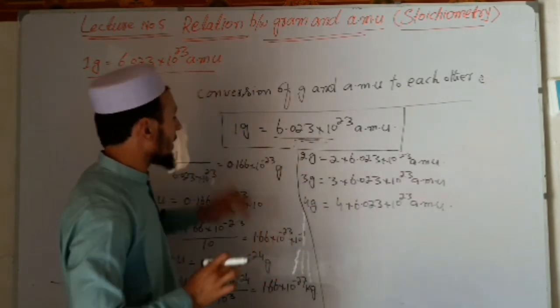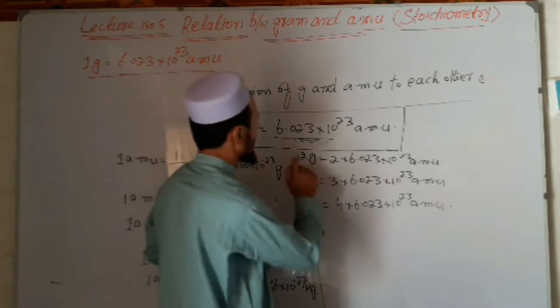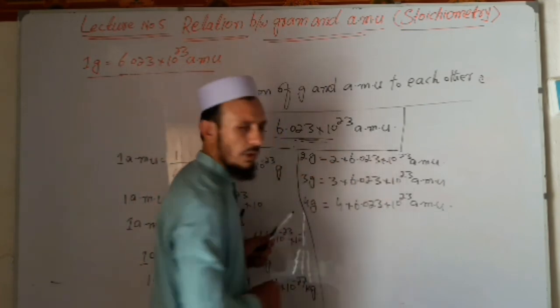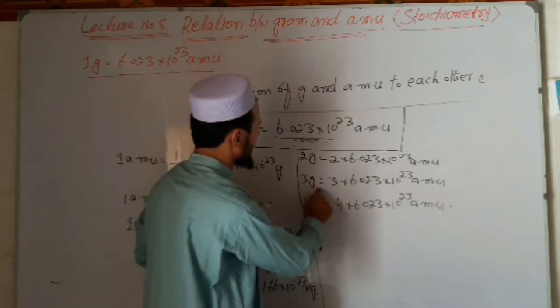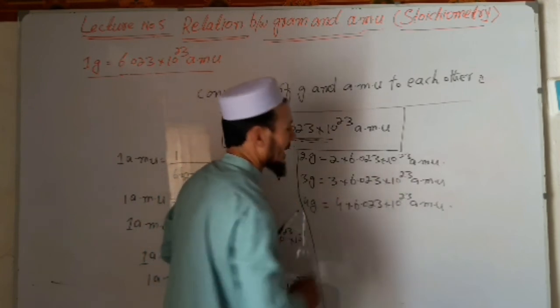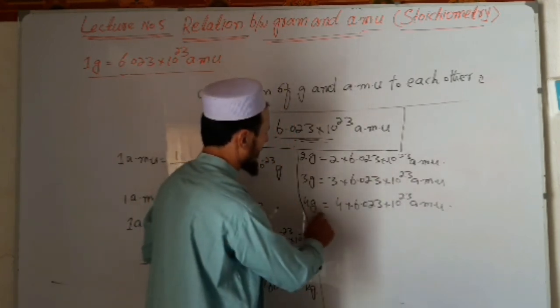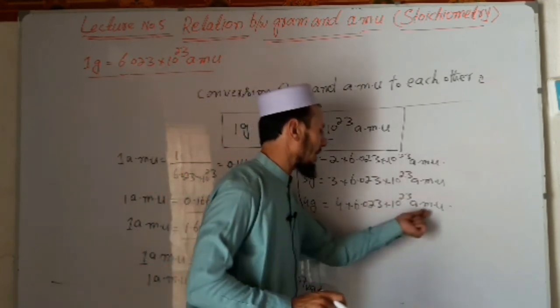As you see, dear students, here 2 gram will be equal to 2 multiplied by this conversion factor. Similarly, 3 gram will be equal to 3 multiplied by this conversion factor. 4 gram is equal to 4 multiplied by this conversion factor.